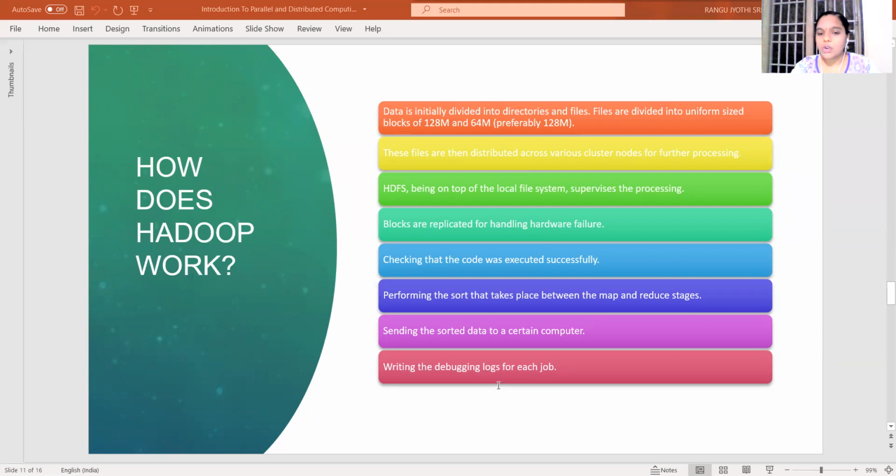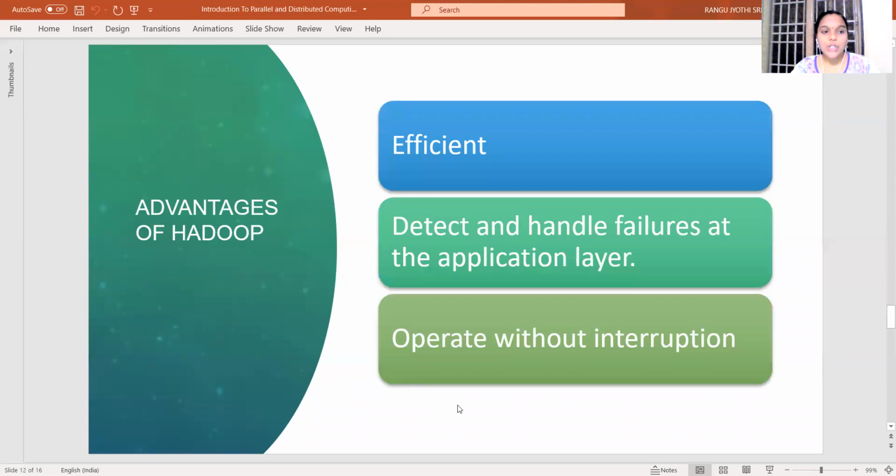After performing the sorting, the files are sent to a certain computer. Finally, that computer writes the debugging logs for each job. This is how Hadoop actually works.